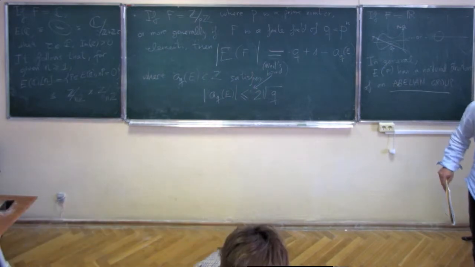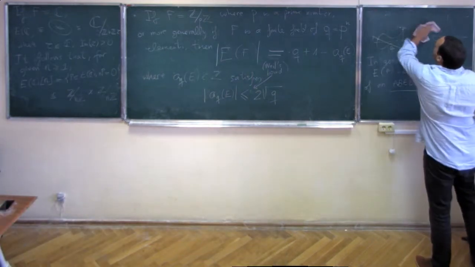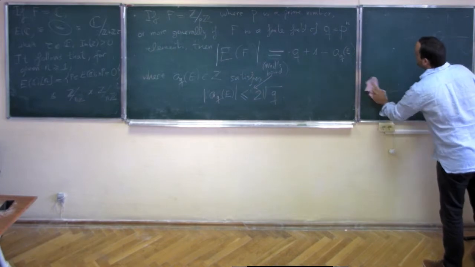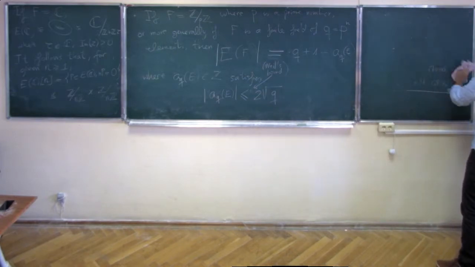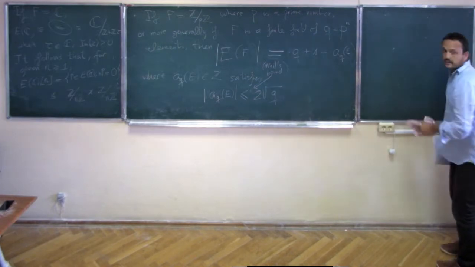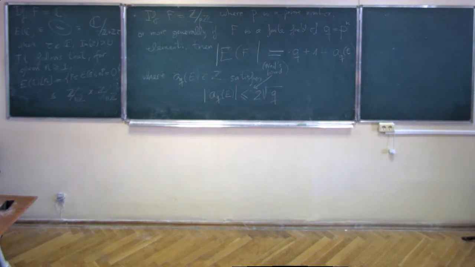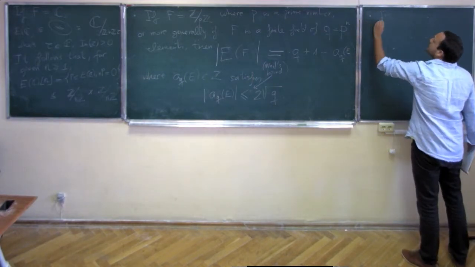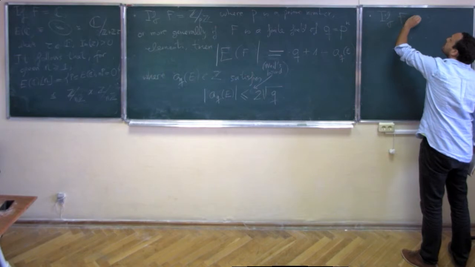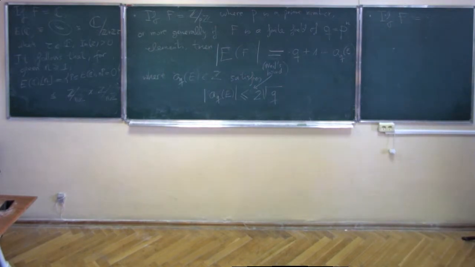Let's consider now another class of fields, which is also very natural and classical. And although they are very classical fields, we know very little about the set of rational points over these fields, which is the case when we consider F to be simply the field of rational numbers.